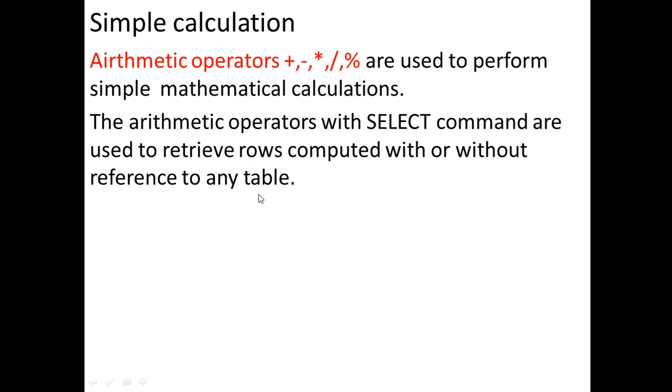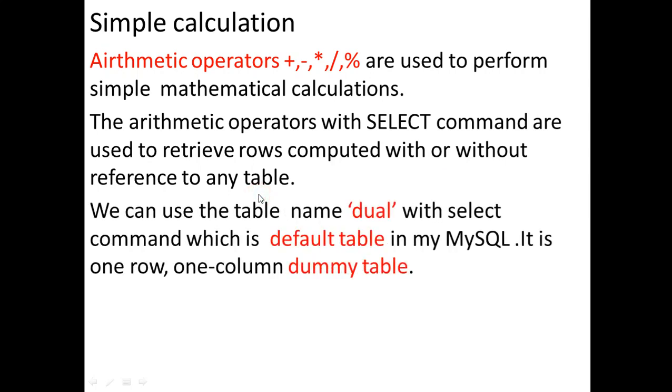But which table do we use? This is the question. If I want to multiply 14 and 60, what table name will you specify? It is a very simple calculation and no table is used over here. So we use the MySQL default table, or you can say the dummy table, and the name of that dummy table is dual.